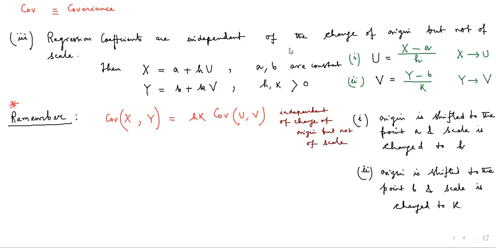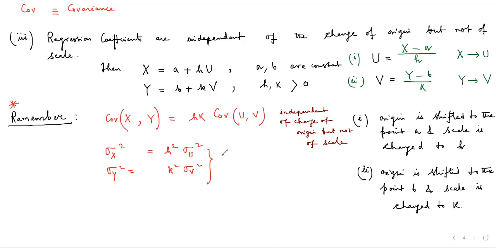Okay. Next, we need to know the change in sigma x square. That will be h square into sigma u square. Here also, and sigma y square is k square into sigma v square. This result actually comes from basic statistics.